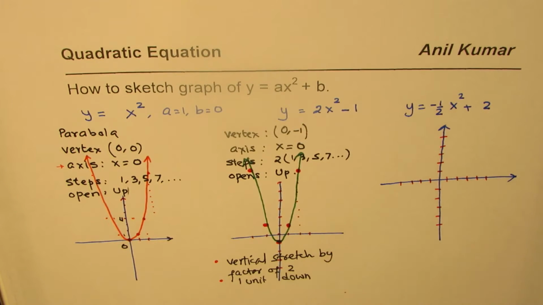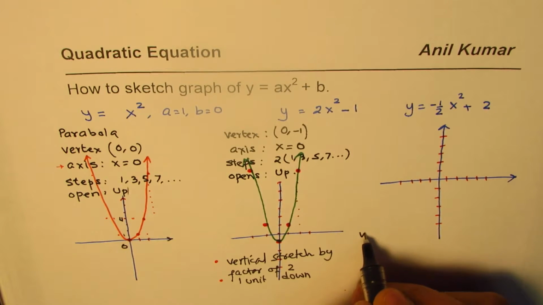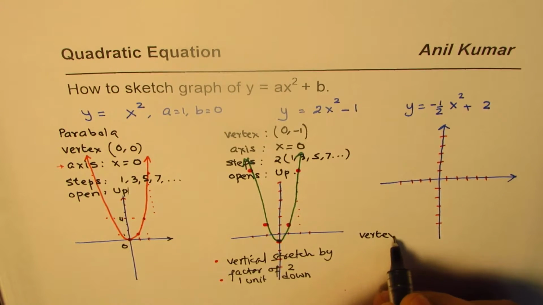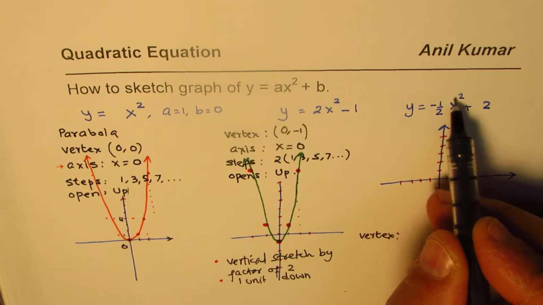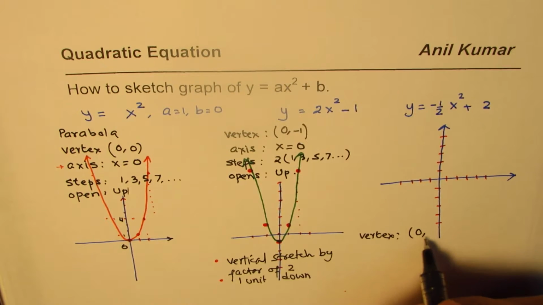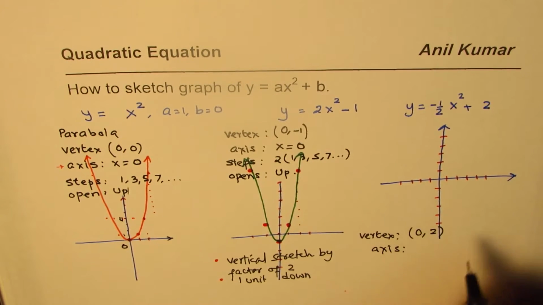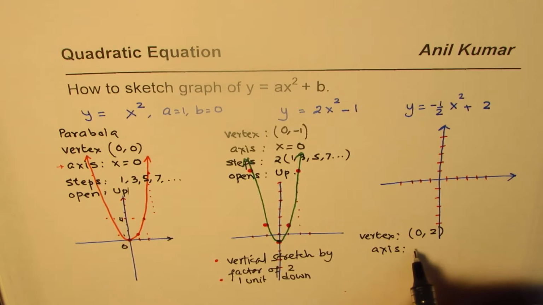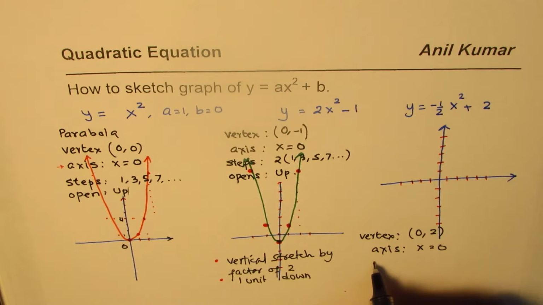Now can you help me find the vertex in this particular case? So I'll write down all the parameters here. In this case, vertex will be at, if I put x equals 0, this part will be 0 and y value will be 2. Vertex here is (0, 2). Axis is at the x value of the vertex, which is x equals 0, and it opens downwards.